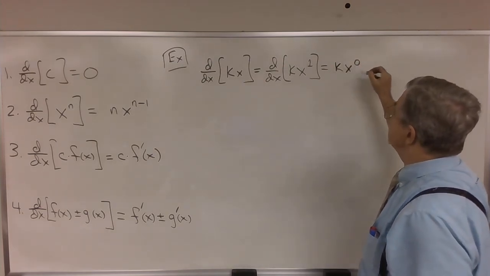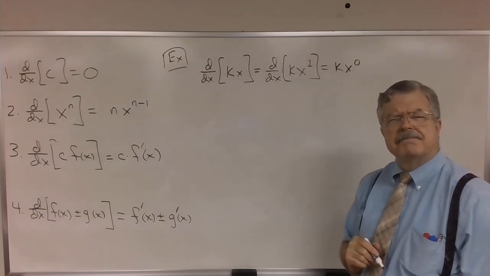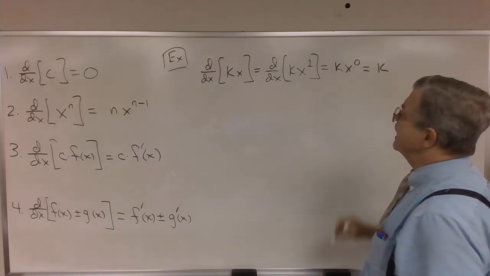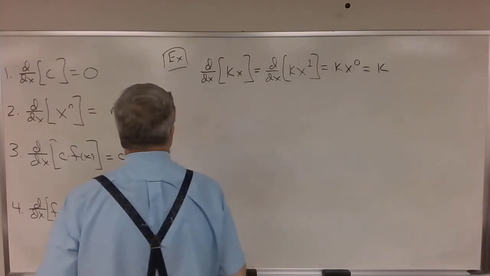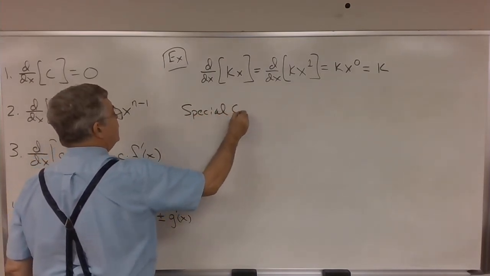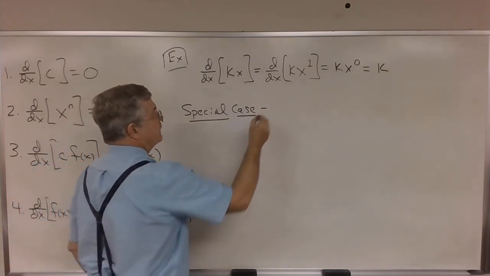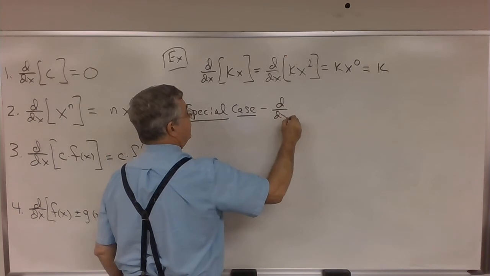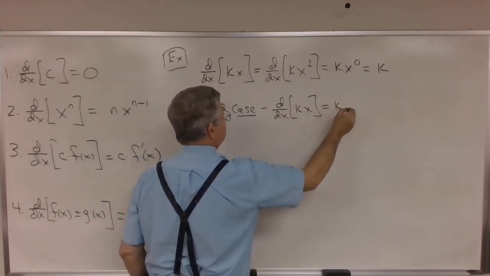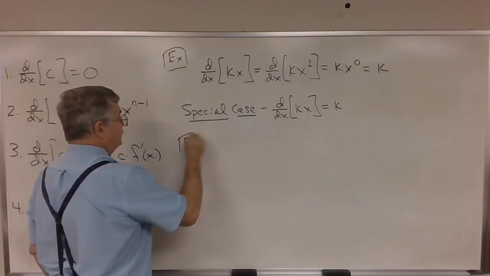So we'll have x to the 0. But x to the 0 is what? 1. So this is just k. So we might list this as a special case also. The derivative of a constant times x is just the constant. So let's do an example.